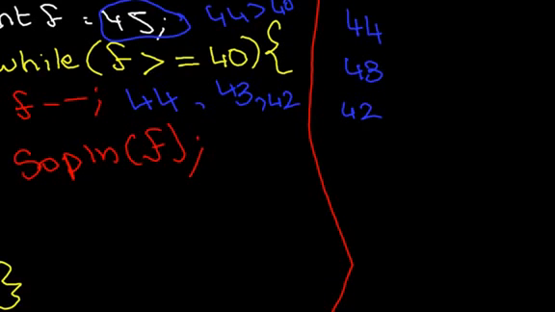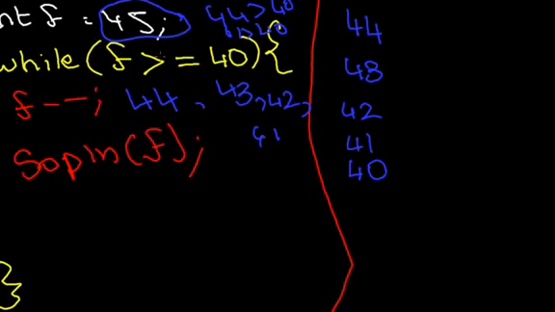Comes back here. 42 is greater than 40. Now it becomes, well, I'm running out of space, it becomes 41. Prints 41. Comes back here. 41 is greater than 40. Comes down here. It becomes 40. Prints 40.